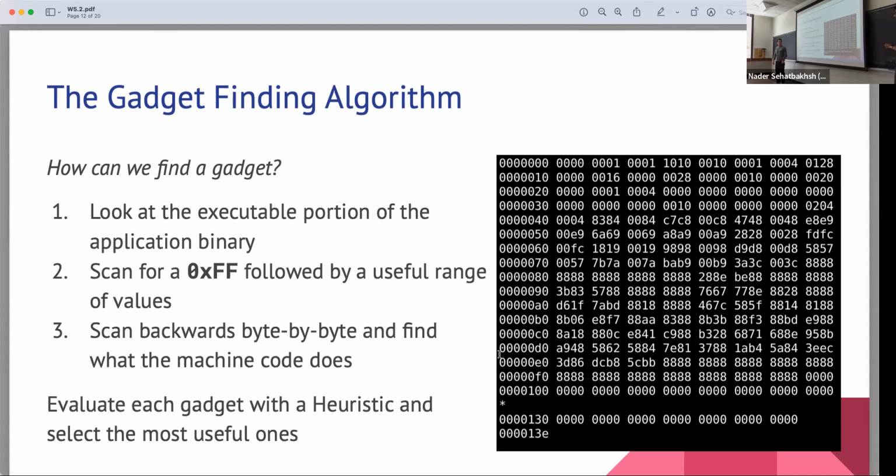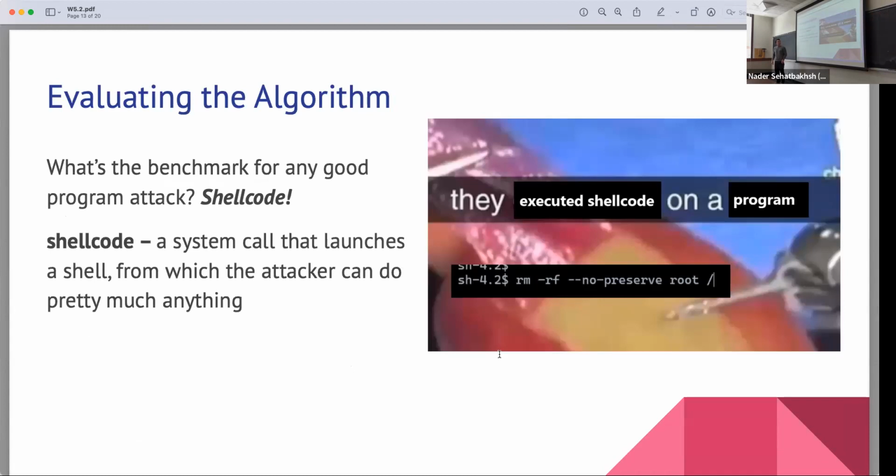You evaluate each of these gadgets with a heuristic that lets you select the most useful ones. We'll get into more details on all of this soon. The benchmark for any good attack, of course, is being able to execute shellcode. If you want to attack the program, you have to be able to open up a shell that lets you do anything you want.